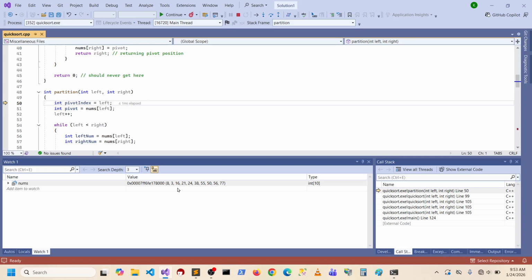See, at this point, we should be working with 8 and 3. That's the thing. 0, 1, 2, but we're working with 16. I think. That's what I'm thinking.